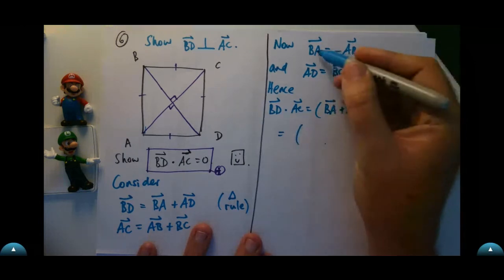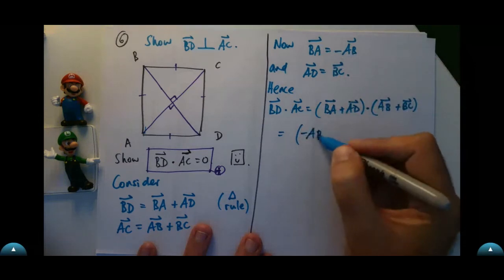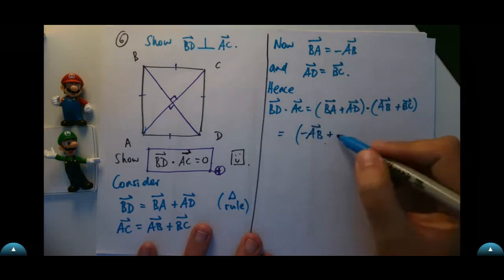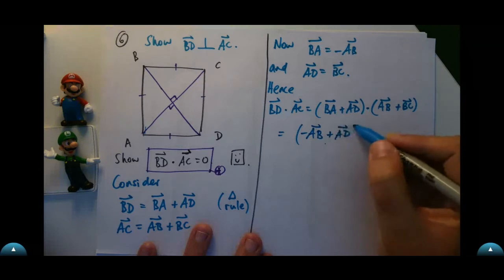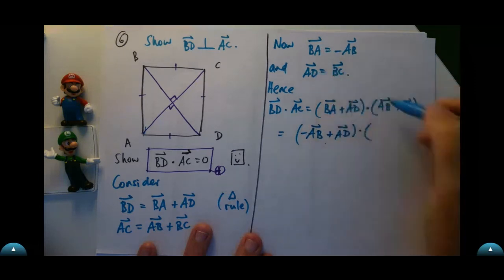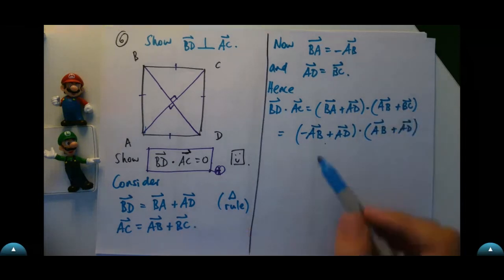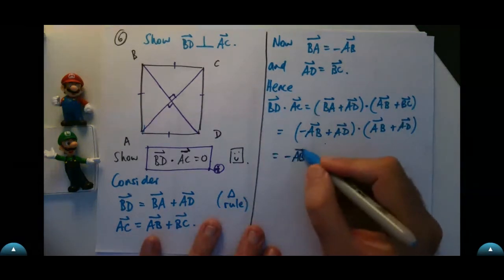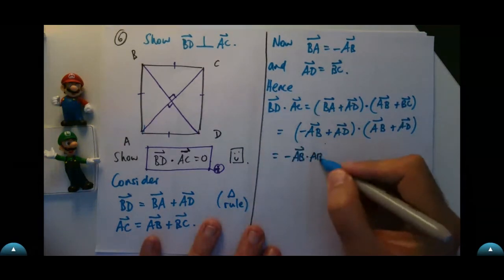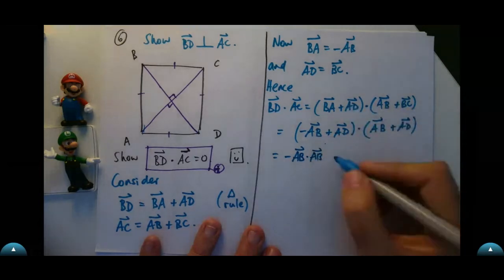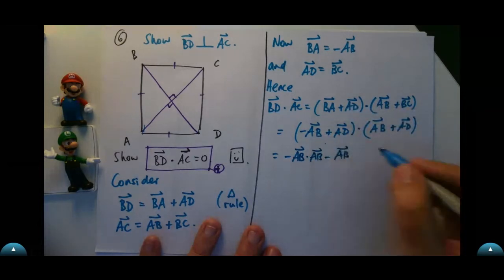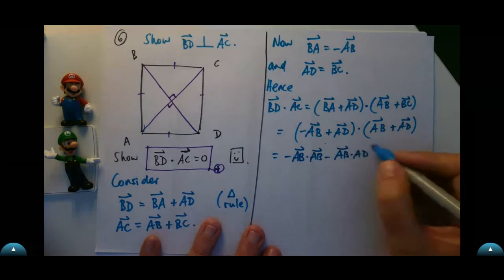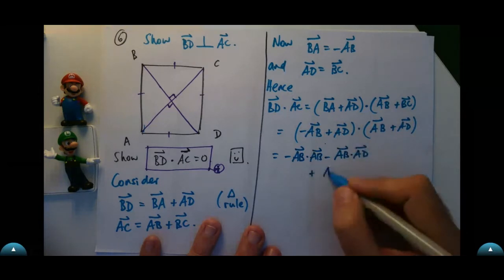So let's go BA equals negative AB and BC equals AD. So I'll switch that one to AD. Okay, so now we expand it like we normally would. Oh, maybe I shouldn't have expanded it there. Oh, no, it's okay. Yep, thank goodness.